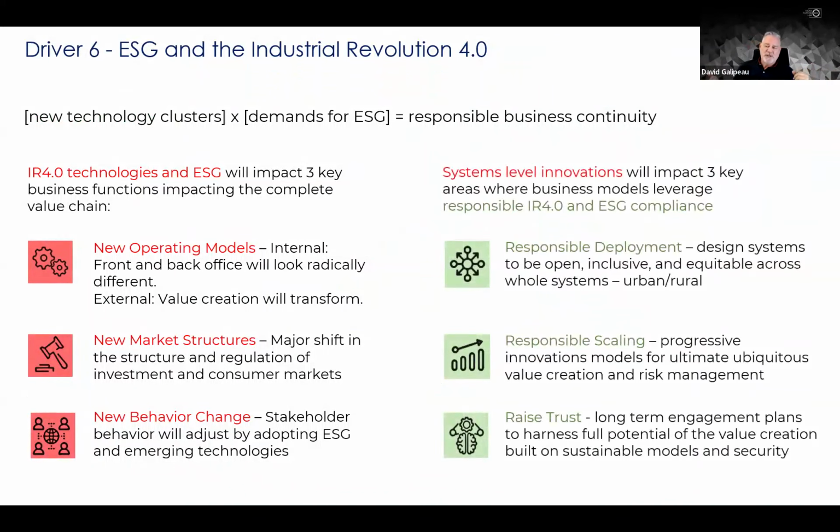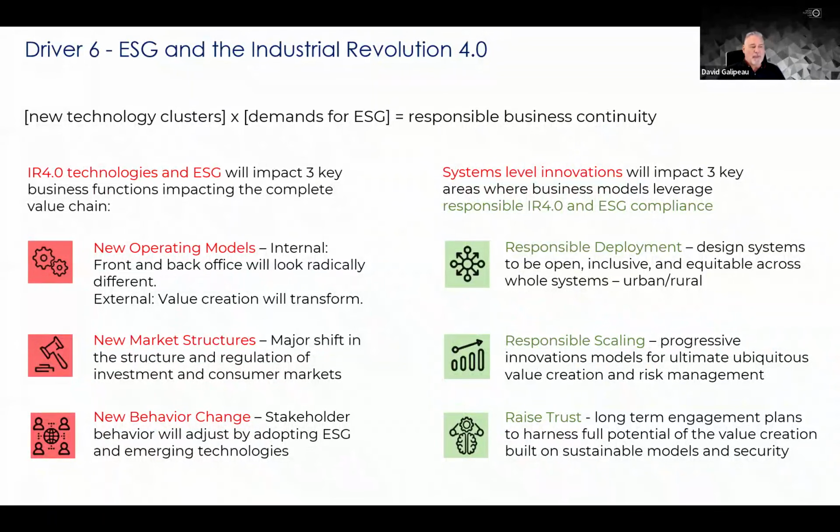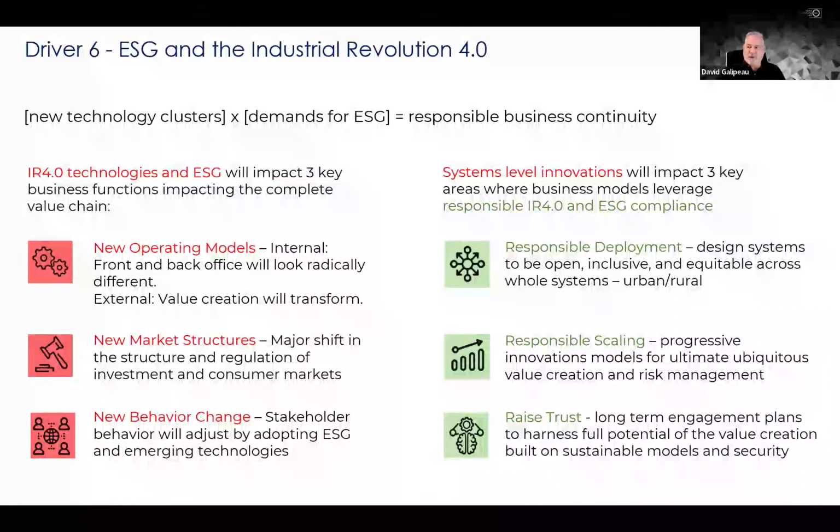When you look at the systems level, that is the social contract, global economic models, and global value chains, what you really have to watch out for is responsible deployment, responsible scaling, and raising trust. Right now, trust is at an all-time low. Trusting governments, trusting the media, trusting communications, it really is at an all-time low.